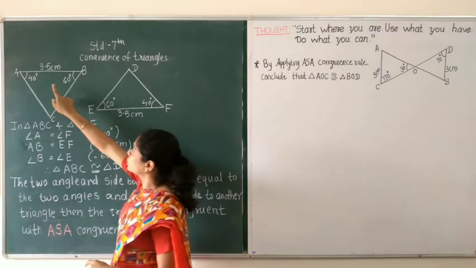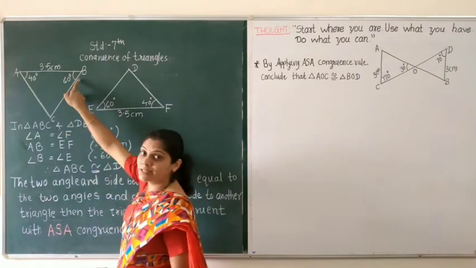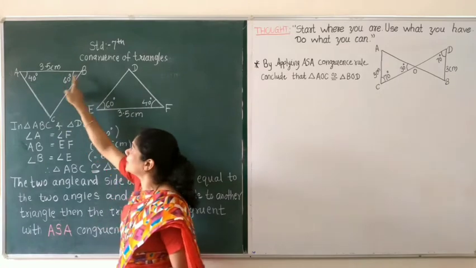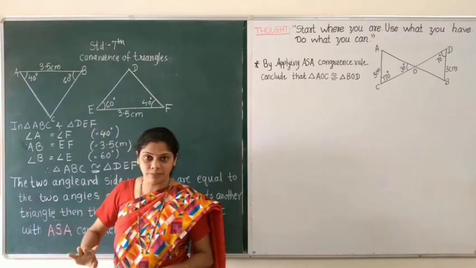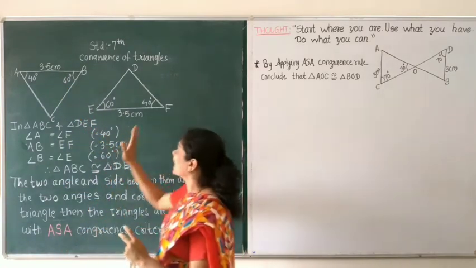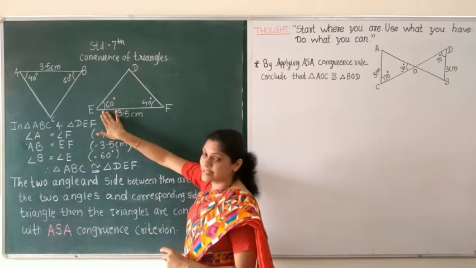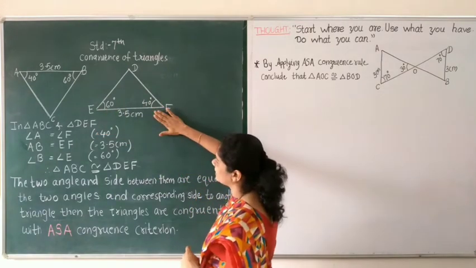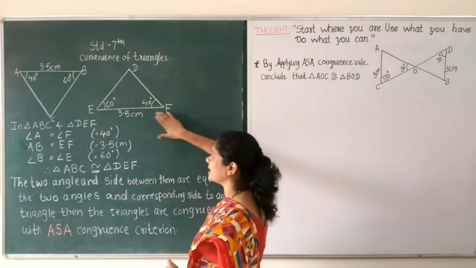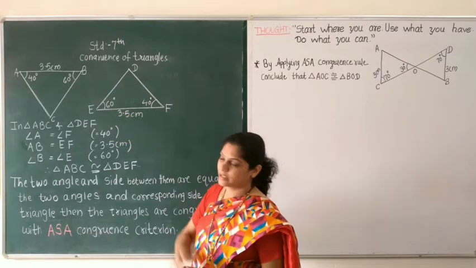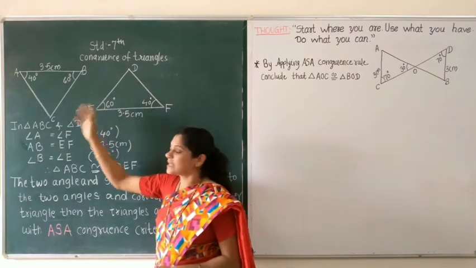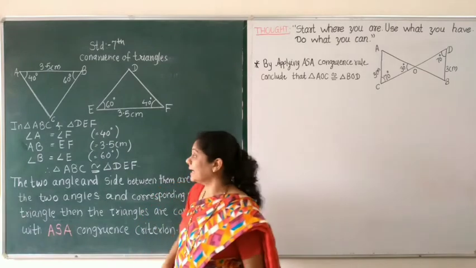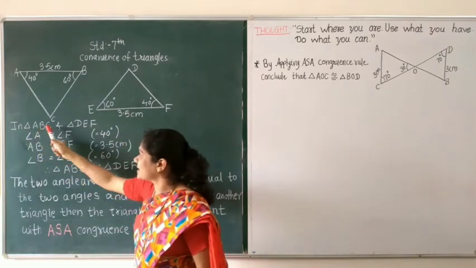I also have mentioned the length of one side, segment AB is 3.5 cm. In triangle DEF, angle E is 60 degrees, angle F is 40 degrees, and segment EF is 3.5 cm.